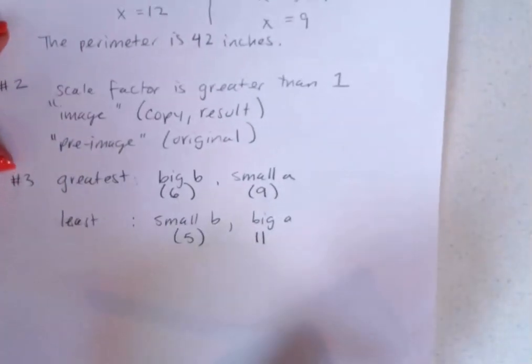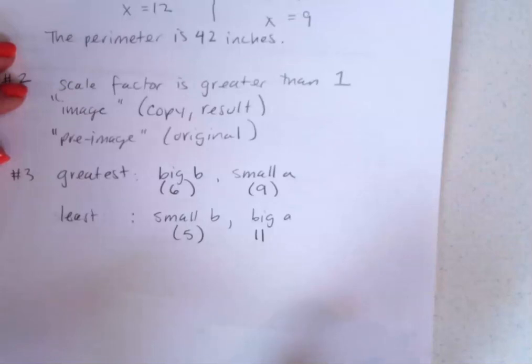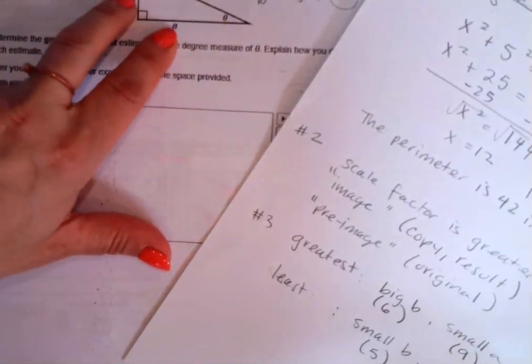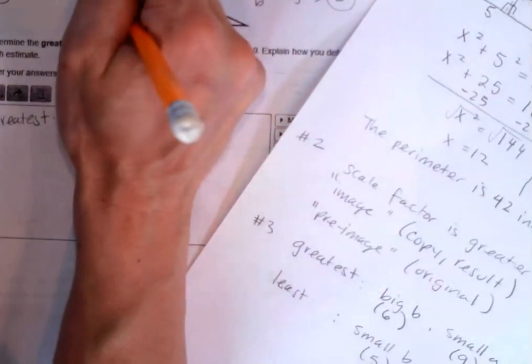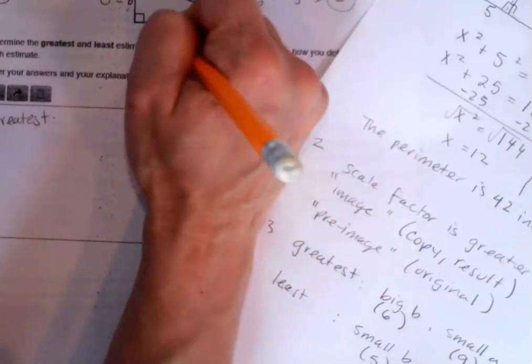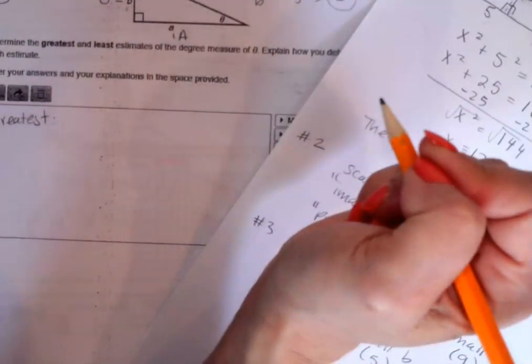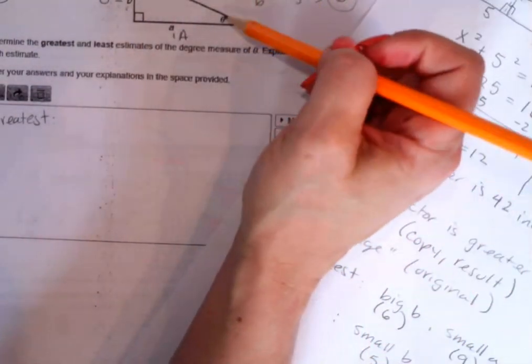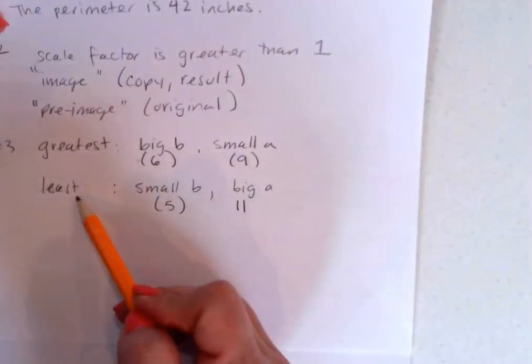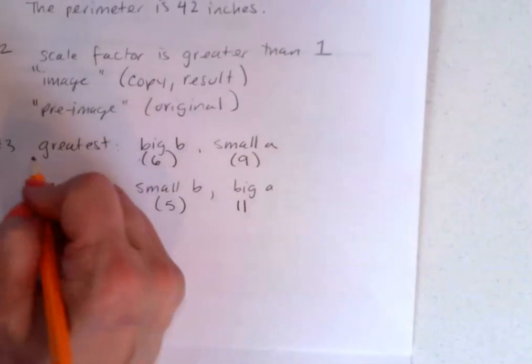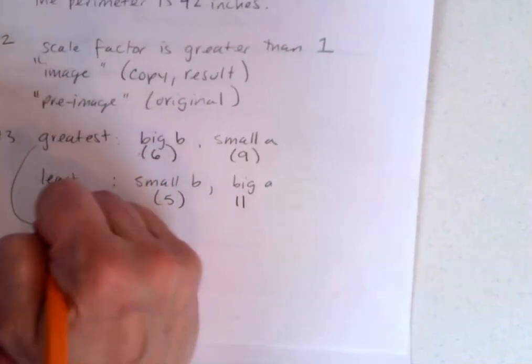All right, so what are we going to do with this? We're going to have to use some trigonometry, because here we're talking about an angle and we have sides. And we can see that this is the side opposite and this is the side adjacent. So we're going to find the tangent with these values. Let's start with the greatest.